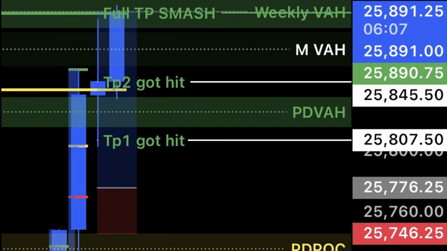TP1 was 610, TP2, but this was my full TP right here. I didn't take anything at TP2. I just moved my stop loss up and price went to full TP right there.